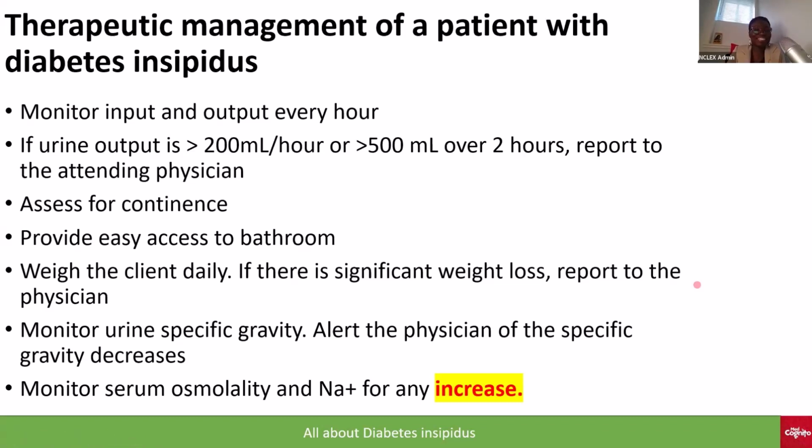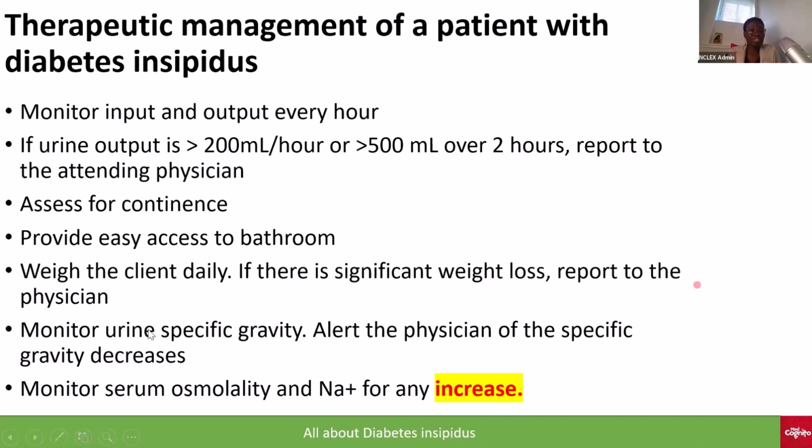Otherwise, your client will be mad at you. You have to provide easy access to the bathroom, and you weigh the client daily because the client is losing a lot of fluids and is becoming so dry. For us to be able to monitor our management, we have to do the daily weight to be sure that this client is not losing so much per day. If there is significant weight loss, as a safe nurse, report to the physician.